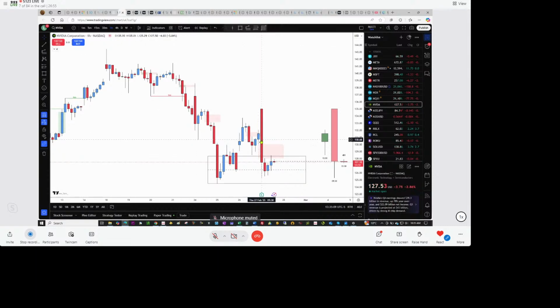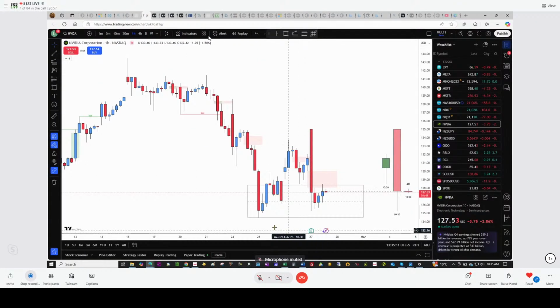It looked like it opened strongly. It actually opened way up here at 135 and then came straight back down. Yesterday, what I was saying for the earnings was that we're in a fourth wave.